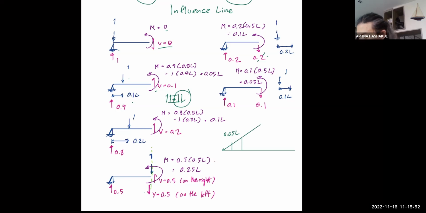Okay, and let me try to move this a little bit. This is 0.1 now. And right here, it's the peak. It is 0.25 L. And you can notice that things will go back to 0 again. Here is at the location 0.2 from the right support. This is 0.1. This is 0.05 L, right?